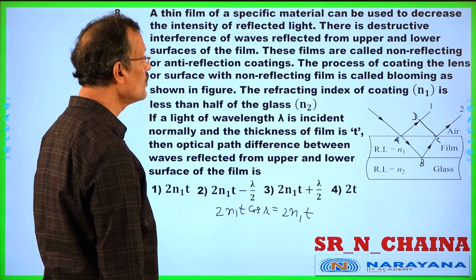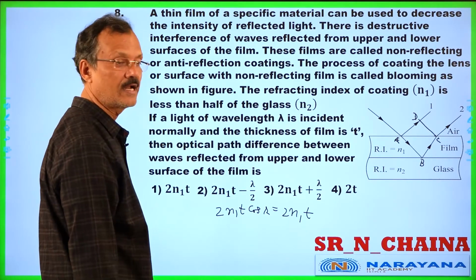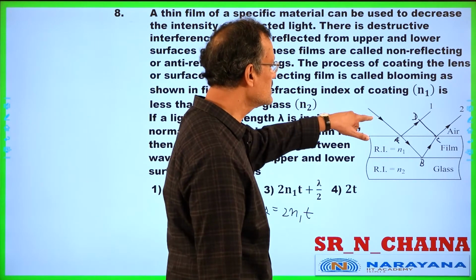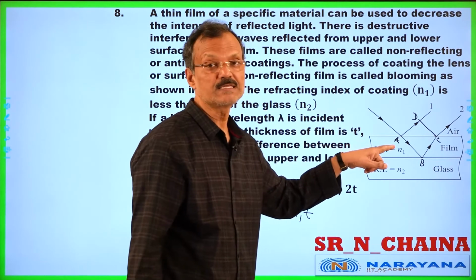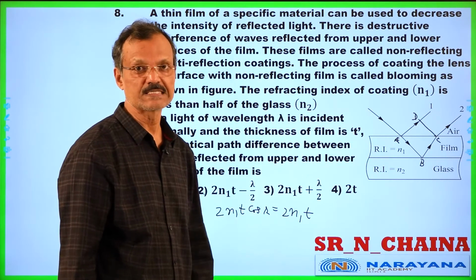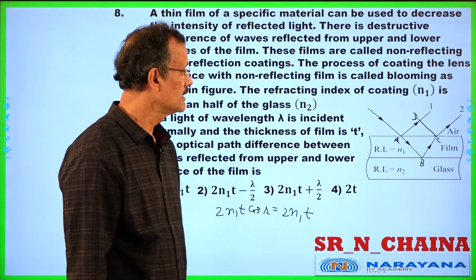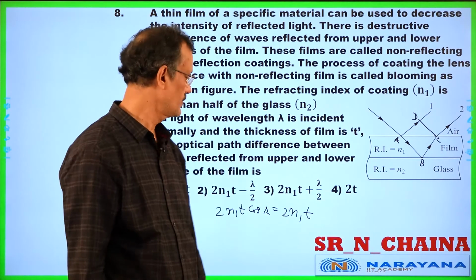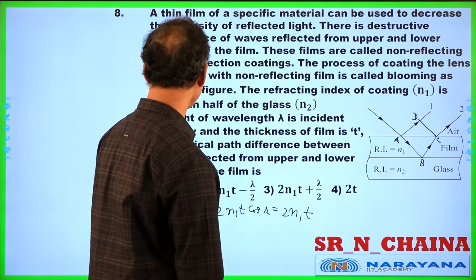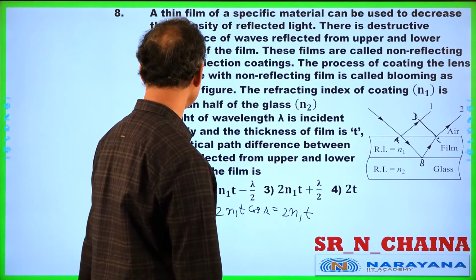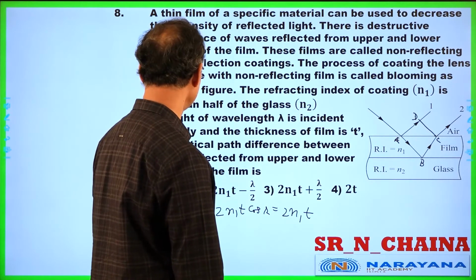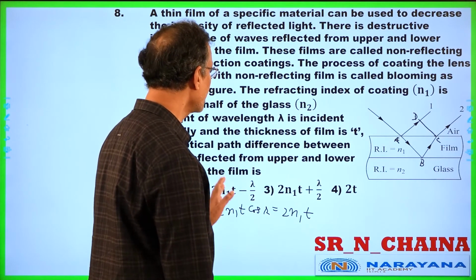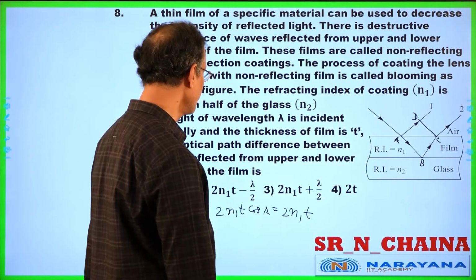You want destructive interference, right? See here, this is air, this is film. It means there is an additional path difference of lambda by 2, and here also it is lambda by 2 if you consider. They are asking: if light of wavelength lambda is incident normally and the thickness of the film is t, what is the optical path difference between the waves reflected from the upper and lower surfaces of the film?